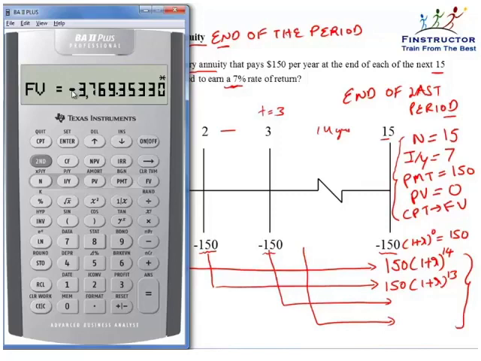Had we entered these values as minus 150, the FV would have come out to be positive 3769. So if we take money from somebody, we have to give them back. If we invest money with somebody, we will receive 3769.35. So that's the future value of this ordinary annuity.